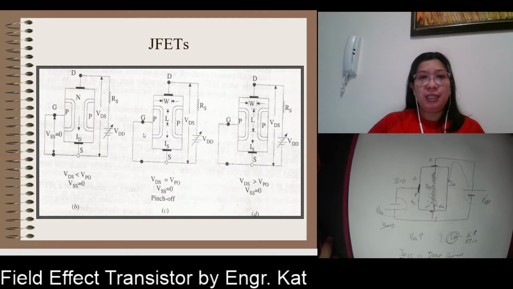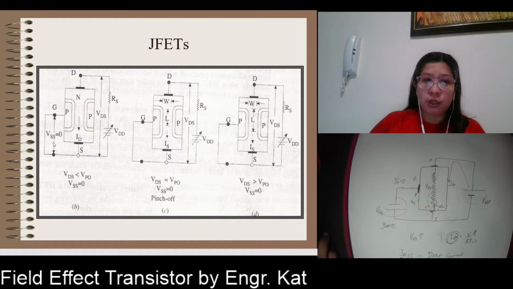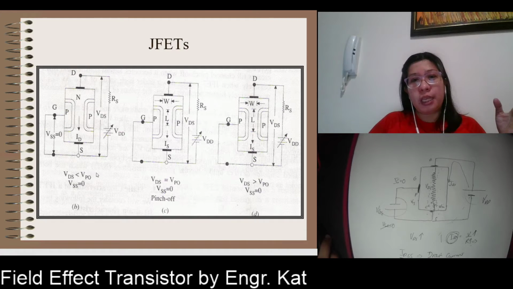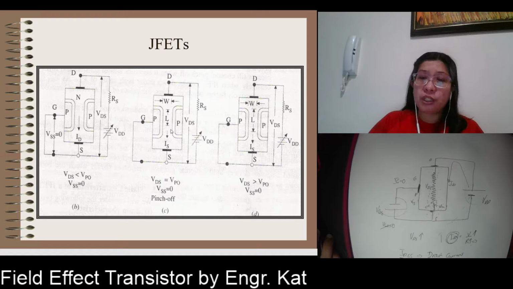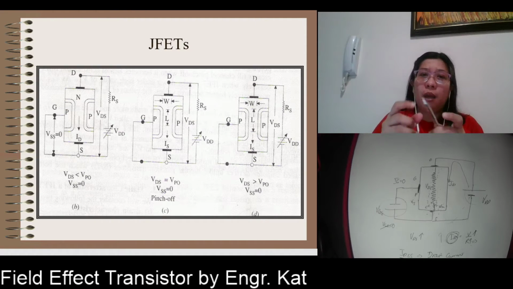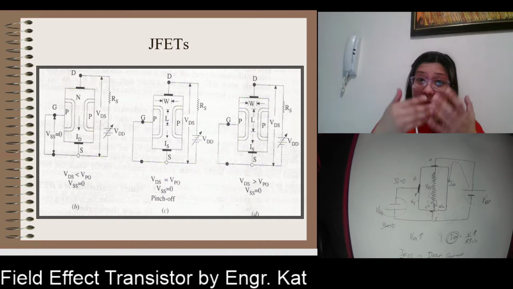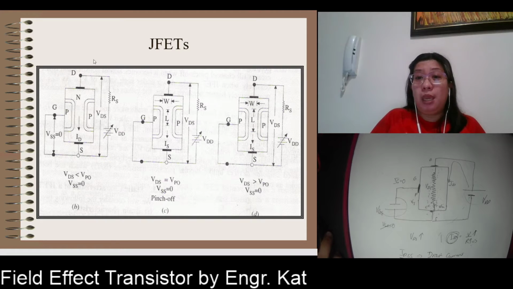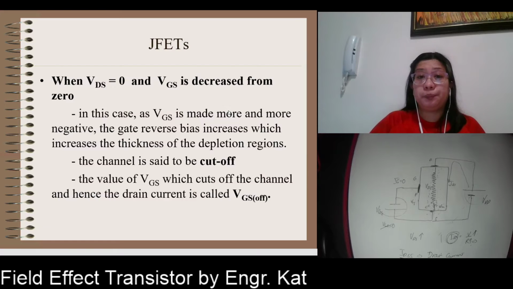So this is the story: when VGS is set to 0, shorted, and VDS is increased, the current increases until it reaches pinch off, wherein your resistance is being elongated. You do not see the JFET getting longer, it's happening inside. And finally, it reaches its breakdown.